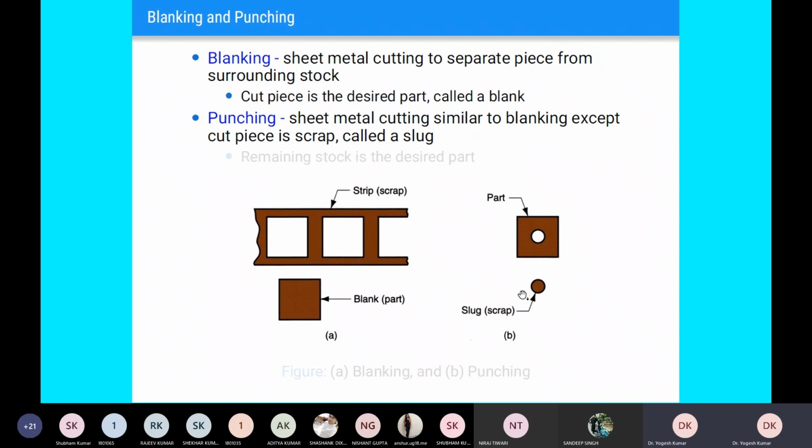So the cut piece is scrap, while it was desired in the case of the blanking process. In punching, the remaining stock is the desired part, and the cut piece was your scrap.